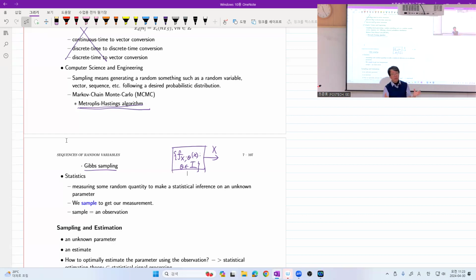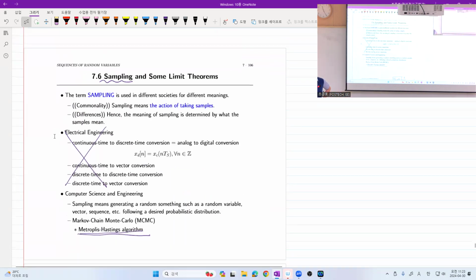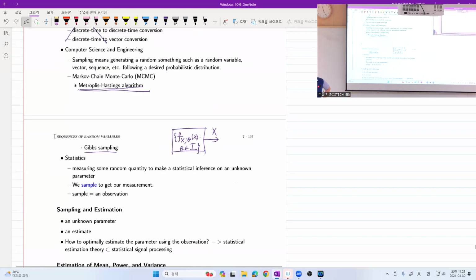We cannot simply parameterize it with a small number of parameters, but we just want to use that model to generate outputs, or we have some interactive language model, and that's actually sampling. Got it? So sampling means slightly different things. Here, sampling means making observation.